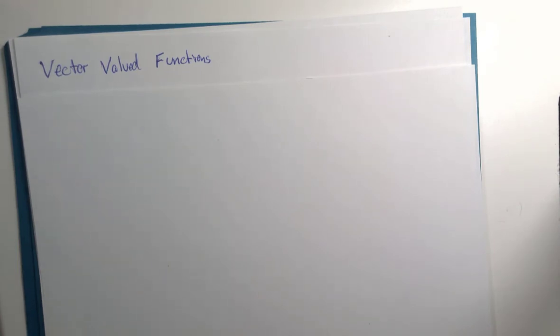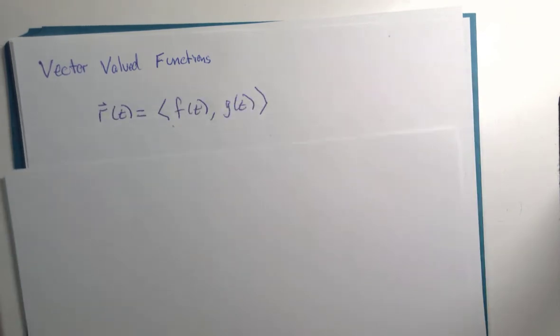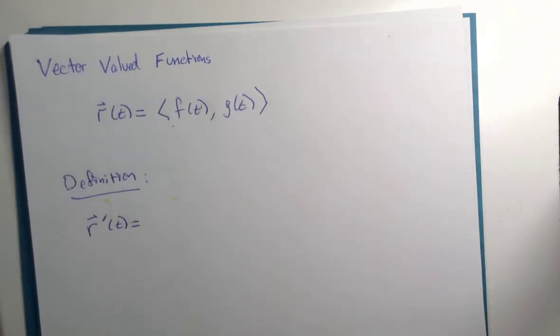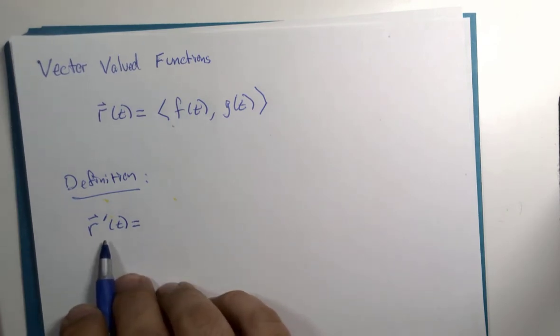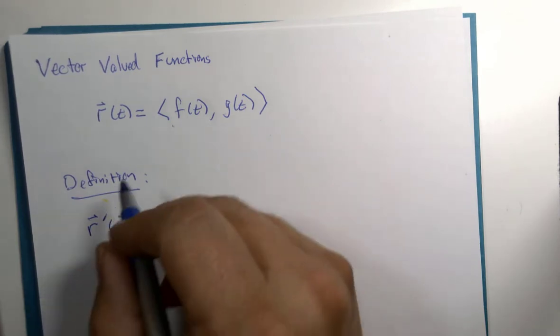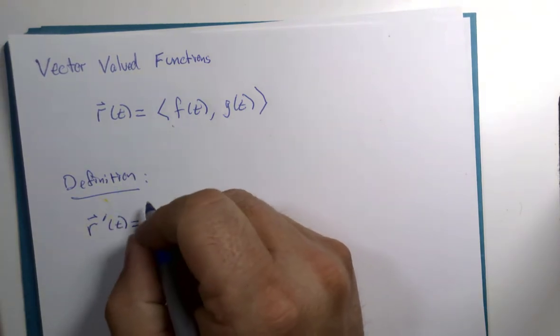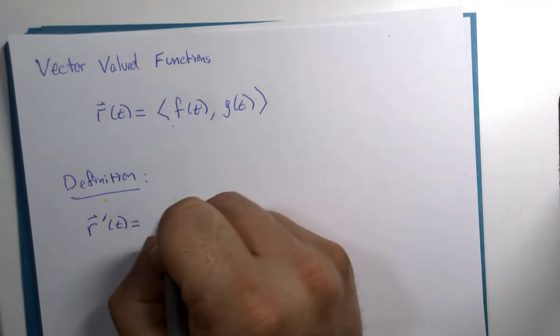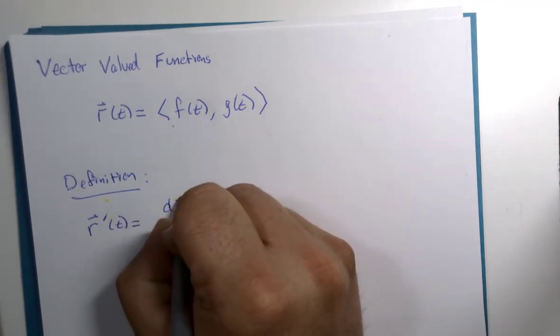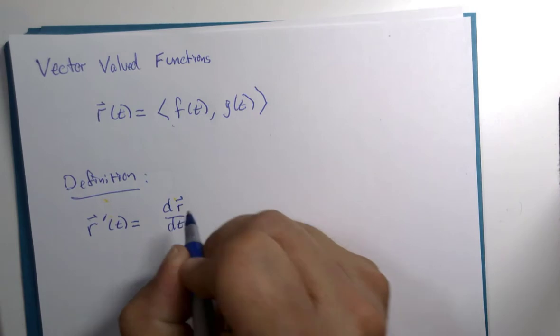If we had a two-dimensional vector valued function, so r of t has two function components, the definition of the first derivative should be very familiar to you. It is also known as dr dt, the first derivative.